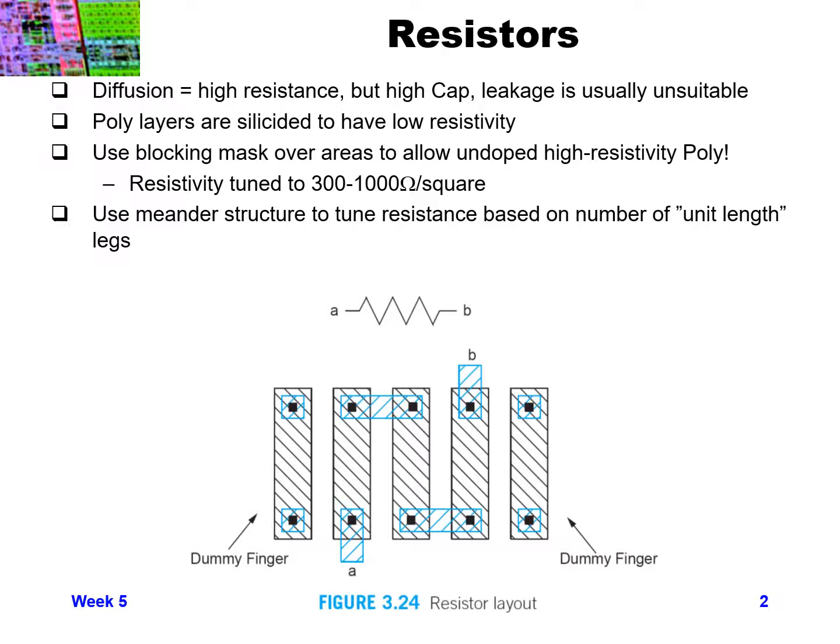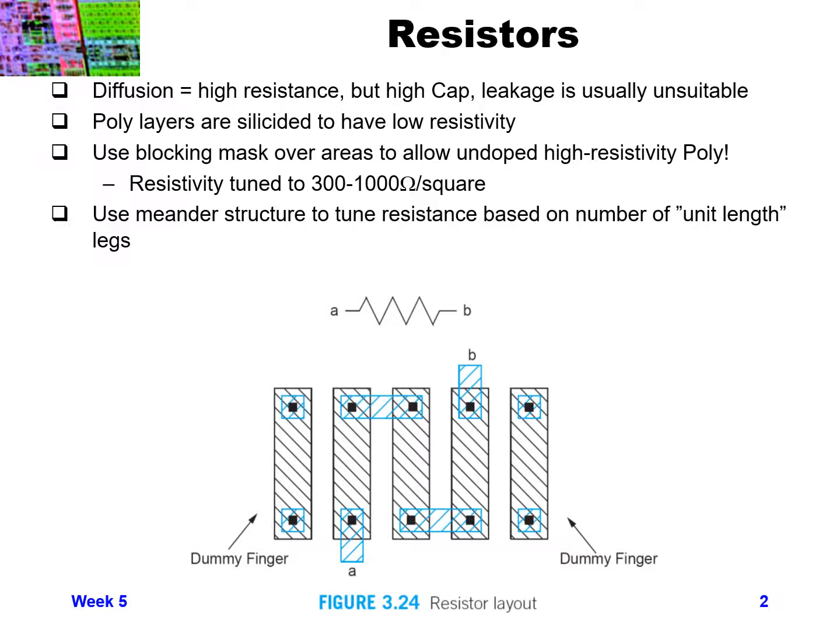So one finger of that layer gives you 1 unit length worth of resistance, and then you can connect multiple fingers in series to create X times whatever that unit length is. Typically the figure below shows that type of meander structure for basically 3 fingers worth.